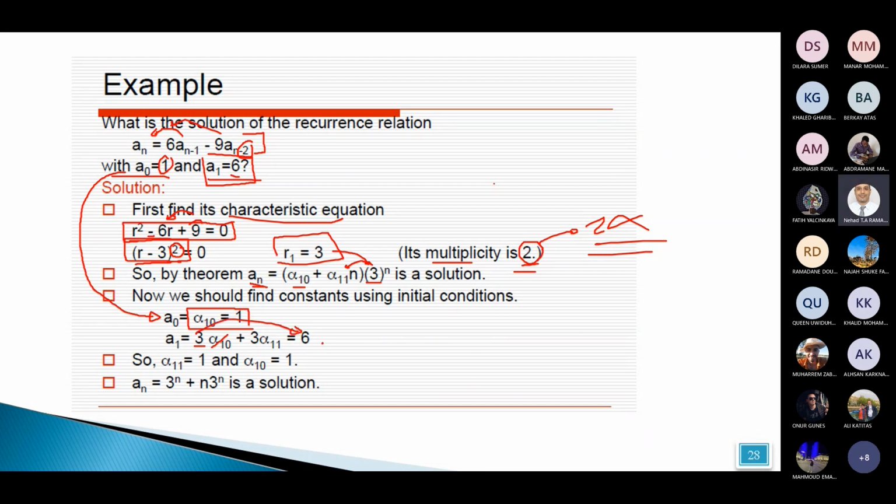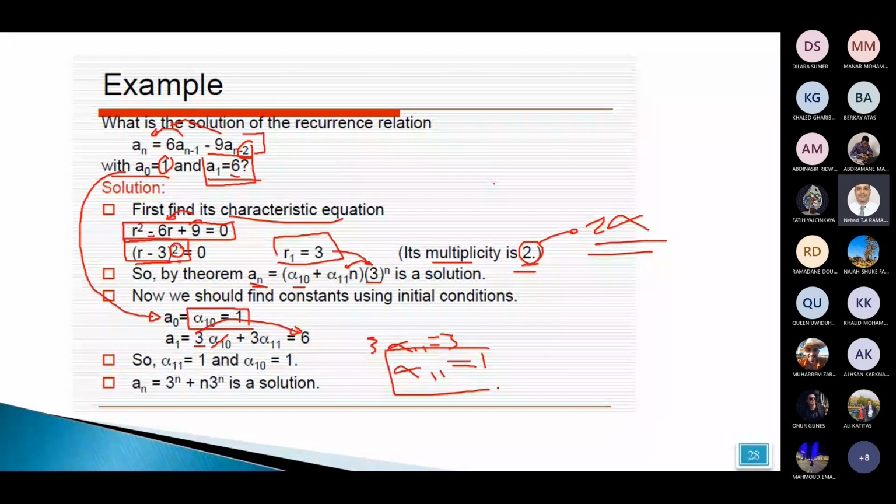3 goes to the other side as minus, so 3 alpha 1 1 equals 3. Dividing both sides by 3, alpha 1 1 equals 1. Alpha 1 0 is also equal to 1. So apply alpha 1 1 here.